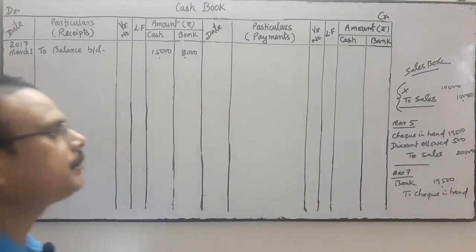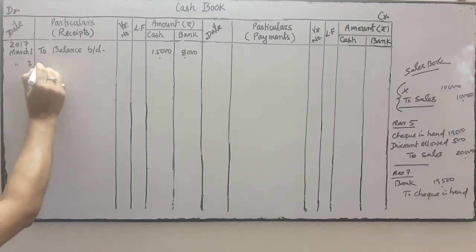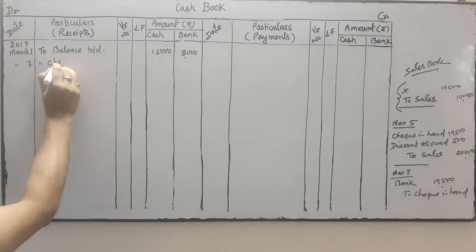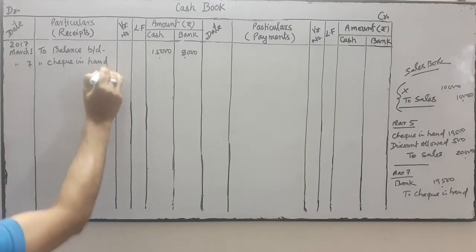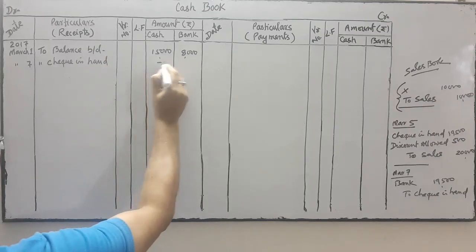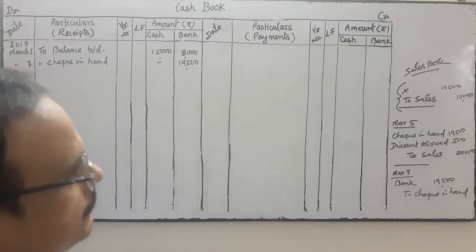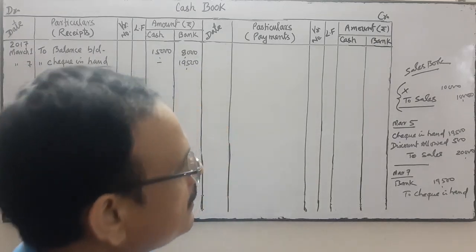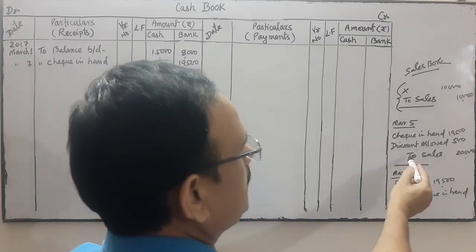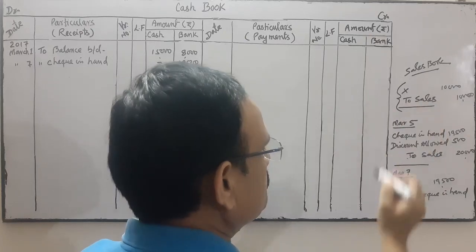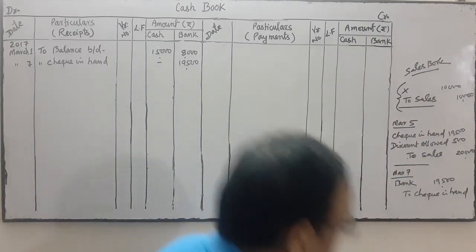That entry will be recorded on March 7 in the cash book in the bank column, 19,500. Is it clear? This will be recorded in the journal proper, this in the sales book, and this in the cash book. Okay, next transaction.